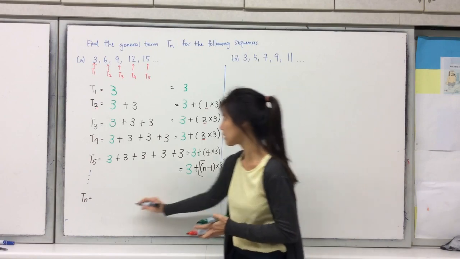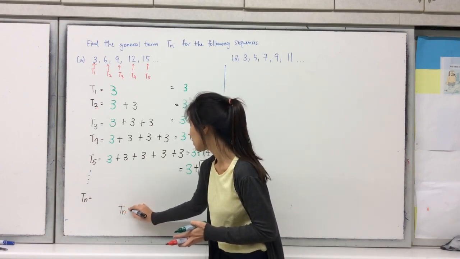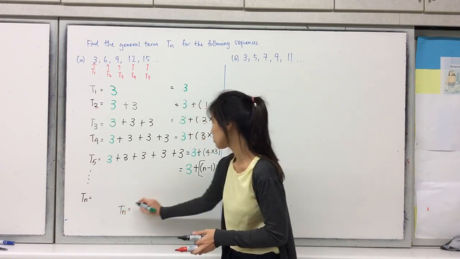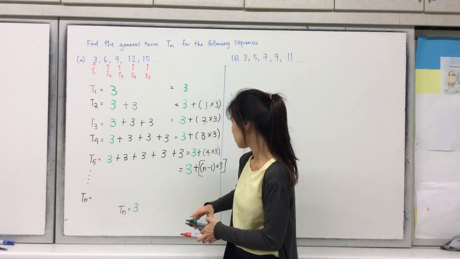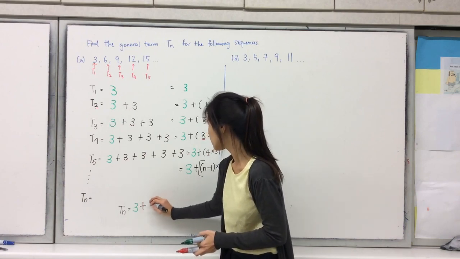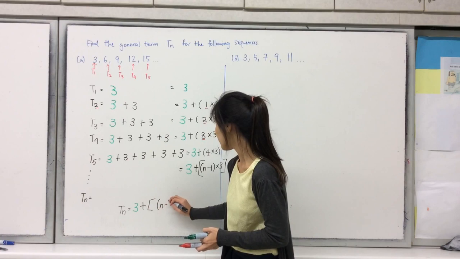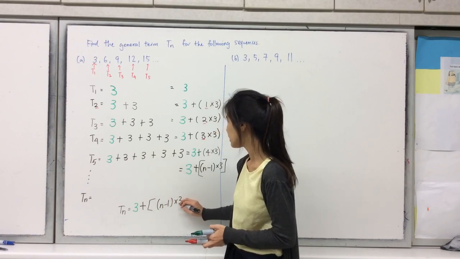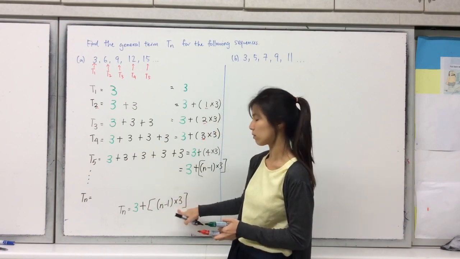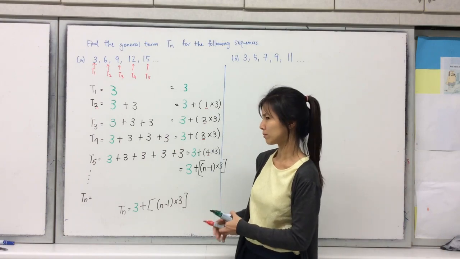So now we write it clearly. We have Tn equals 3 plus n minus 1 times 3, and then you have to expand this out if you want to.